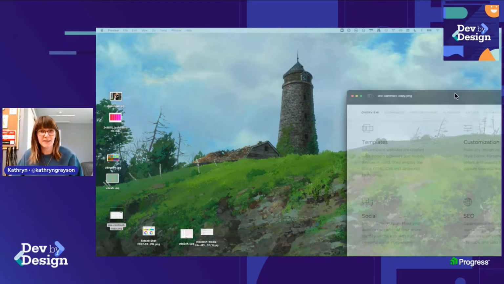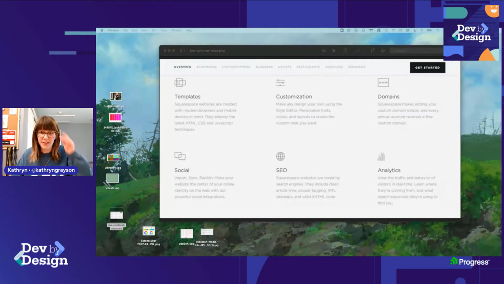So here's one that we've got where we were looking at low contrast, right? So we've got just whites and grays and really, really light grays, right? So it's really hard here for us to read this small text, especially these guys up here in the menu, right?